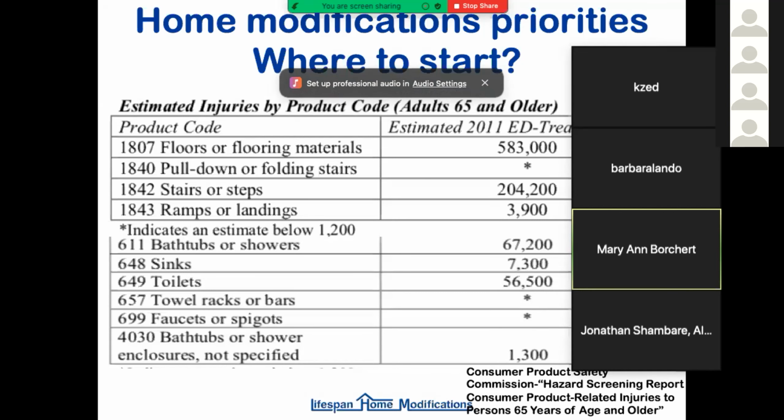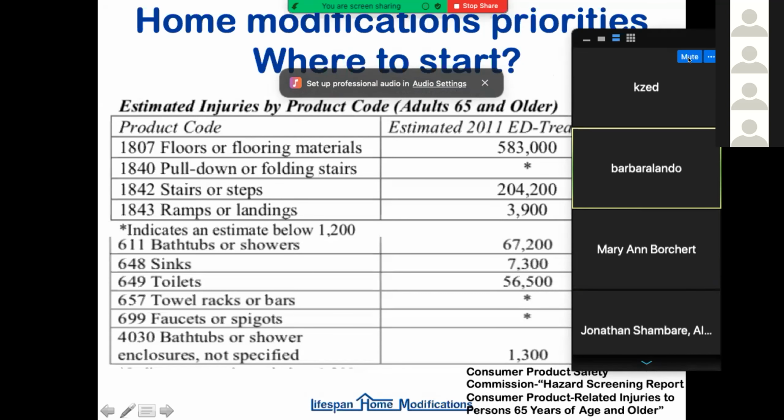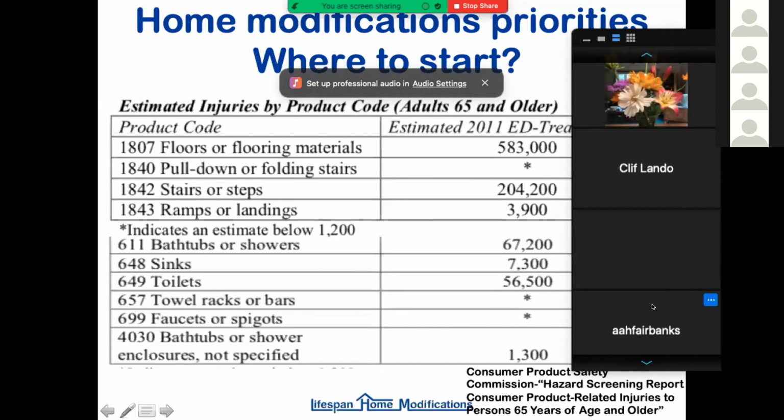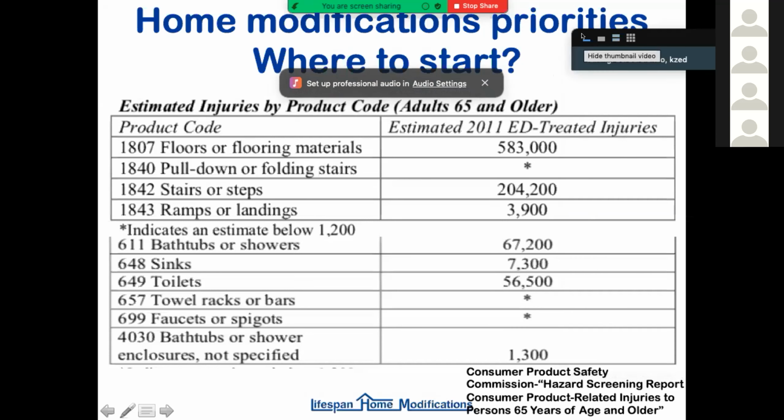And Karla, I'm sorry to interrupt. Could you clean off things on your screen? I think you have a list of people. Can you close that? Go to the line. Okay. Thank you. And then also the setup professional audio.